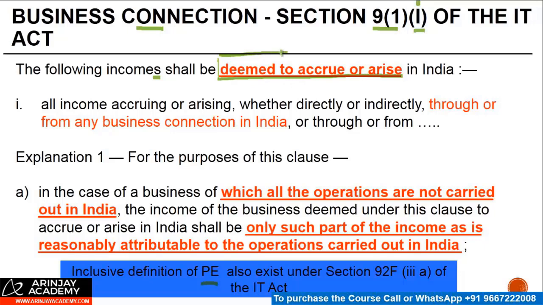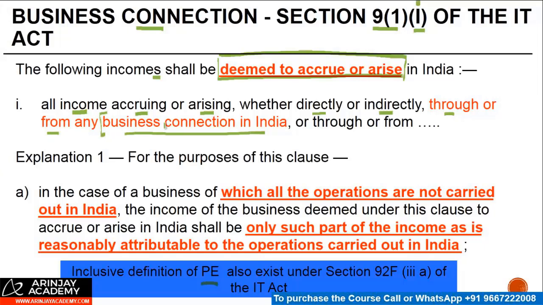The use of the words deemed to accrue or arise in India indicates that even if the normal accrual or arising is not in India, by virtue of the common law relating to accrual or arising, by virtue of application of this clause, it shall be deemed to accrue or arise in India. All income accruing or arising, whether directly or indirectly, through or from any business connection in India.